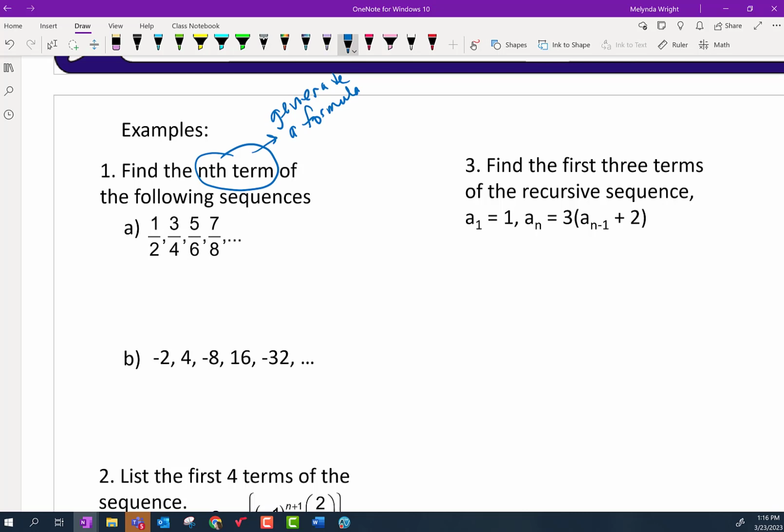Now, it's not saying what kind of formula, so what is our default? Explicit. This is an explicit formula. This is not a recursive formula. Okay, it's explicit. So I'm just going to kind of take you through the thought process here.